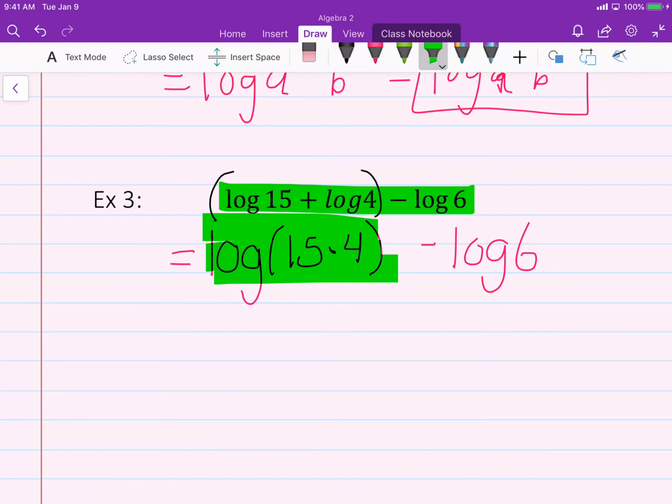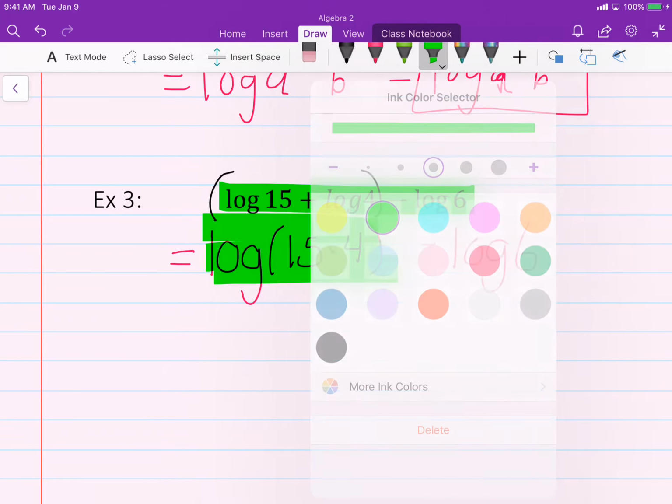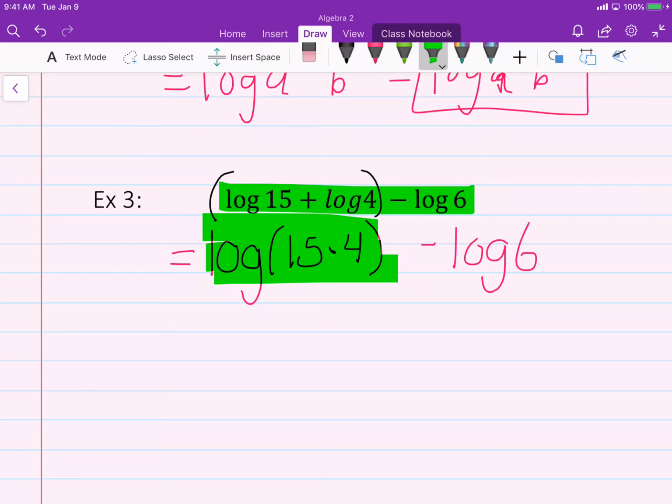So 15 times 4, if you take out your calculators, simplifies down to, what is it? I think it's 60. So this will simplify down to the log of 60 minus the log of 6.